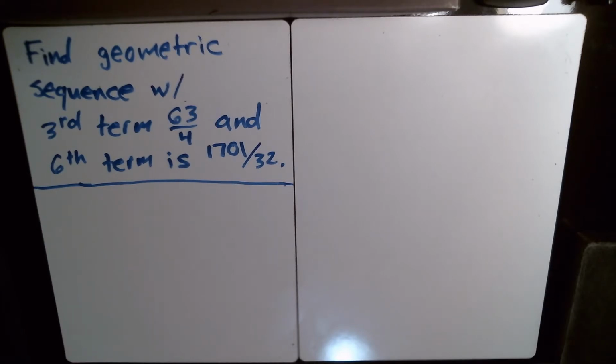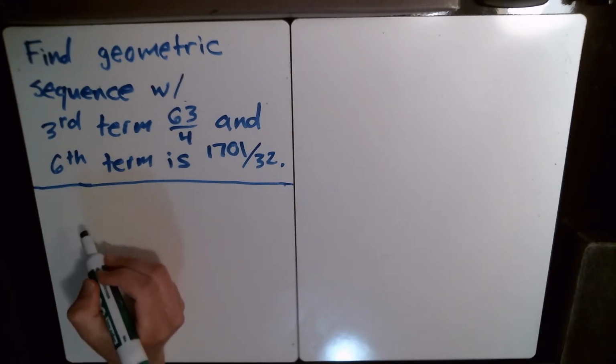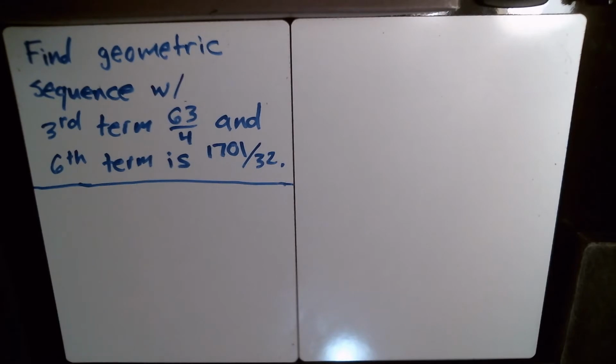So the idea here is that we want to find an equation for the geometric sequence. I think in some of the ones in the book, it's just asking for a specific term of this sequence, but we'll find the equation, and then once you find the equation, you can find any terms that you want.